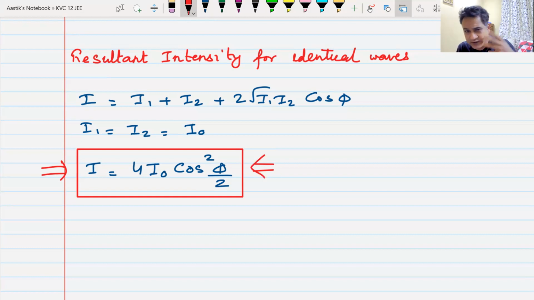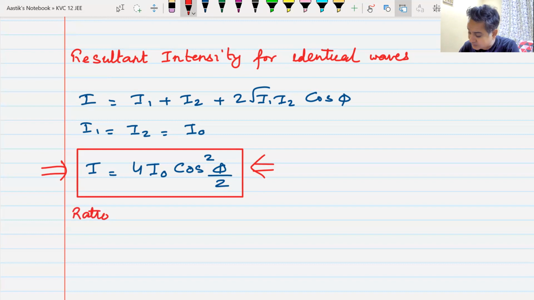If you put phi as odd multiples of pi, destructive interference, you will get 0. Do we understand this? Yeah, sure. Okay.